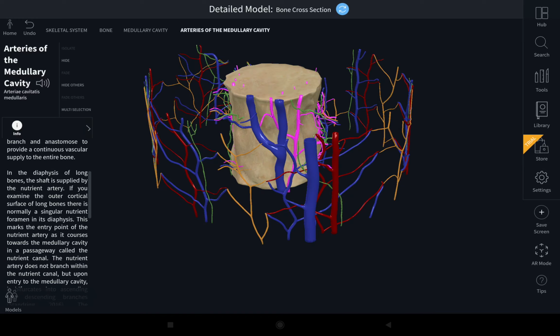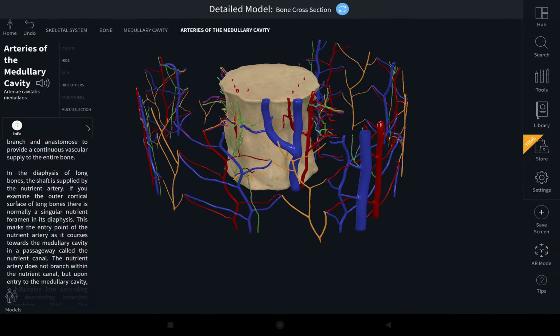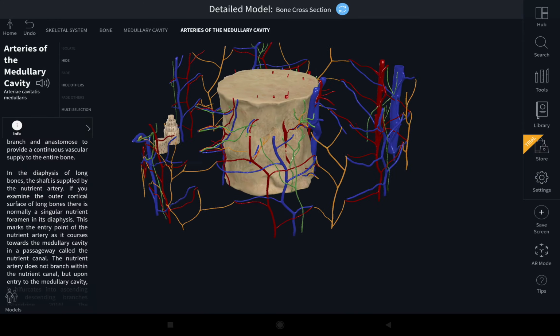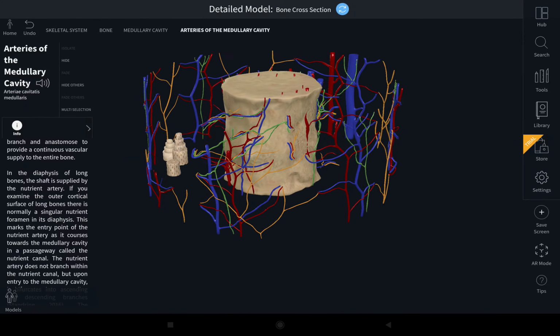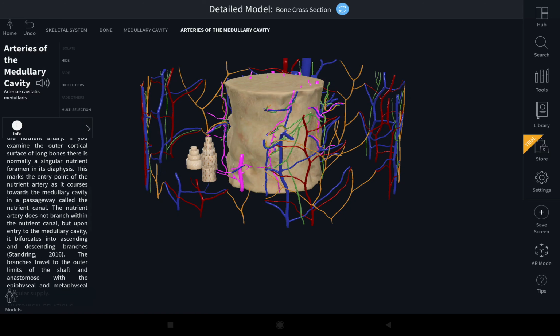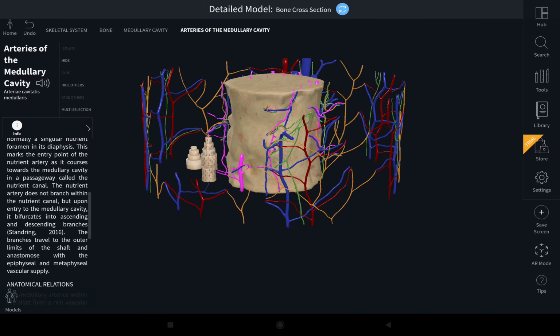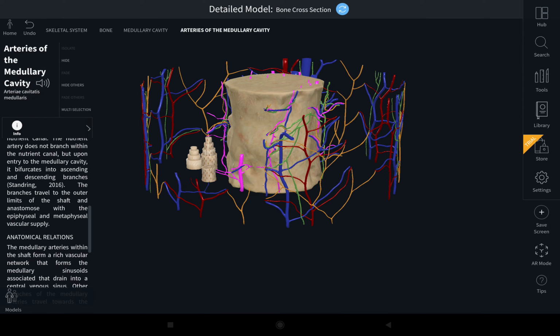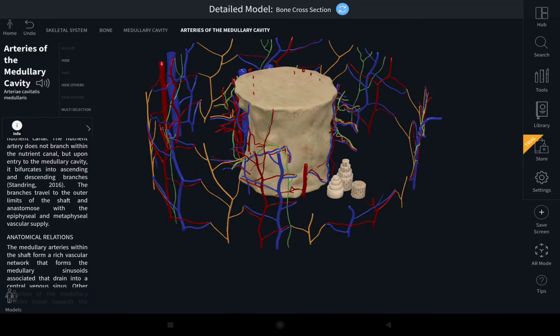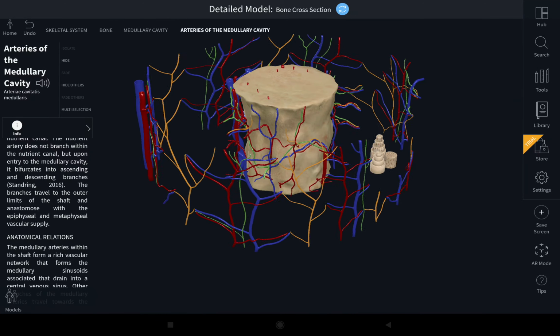In a passageway called the nutrient canal, the nutrient artery does not branch, but upon entry to the medullary cavity, it bifurcates into ascending and descending branches. The branches travel to the outer limits of the shaft and anastomose with the epiphyseal and metaphyseal vascular supply.